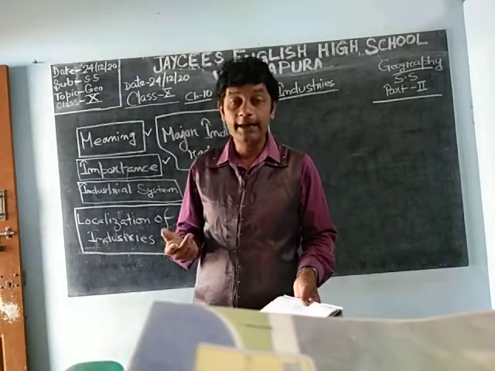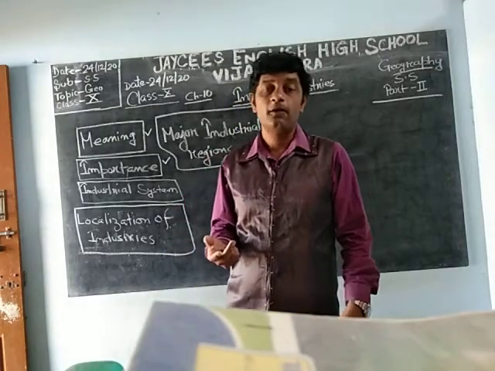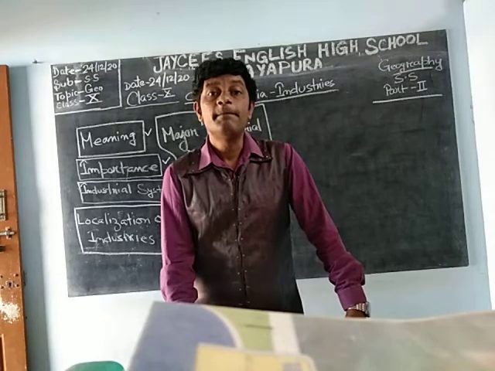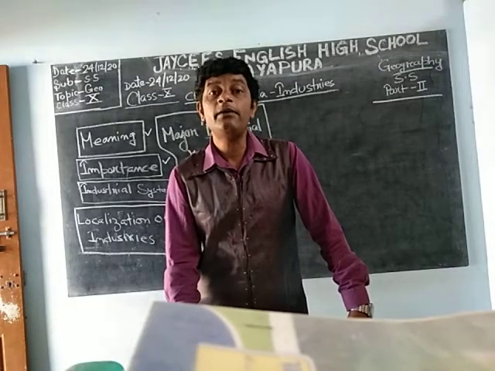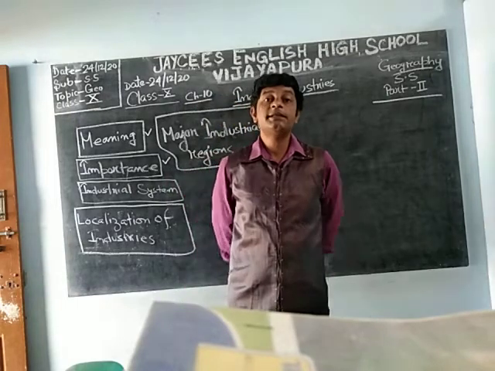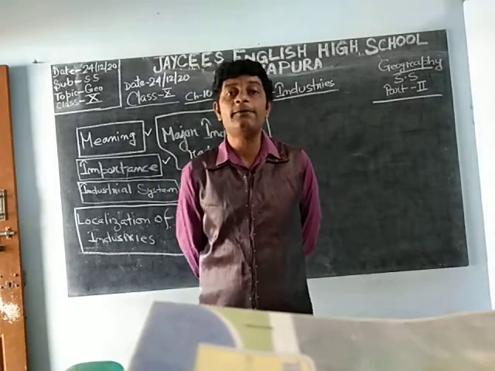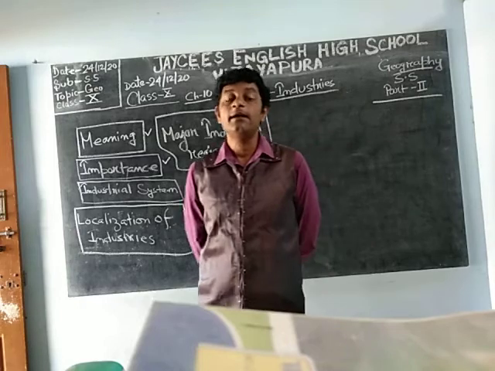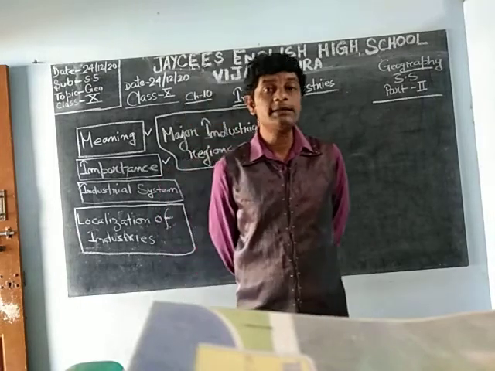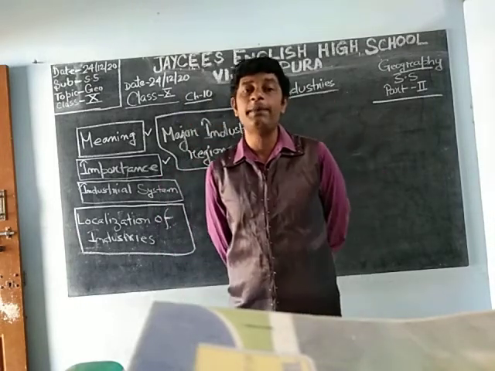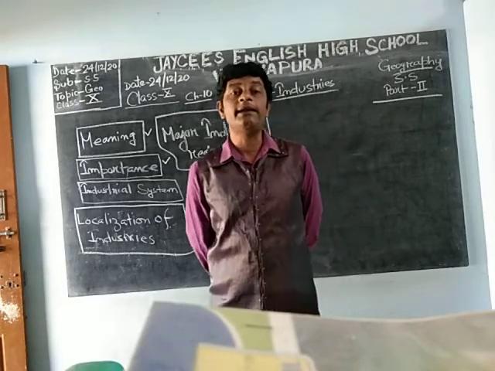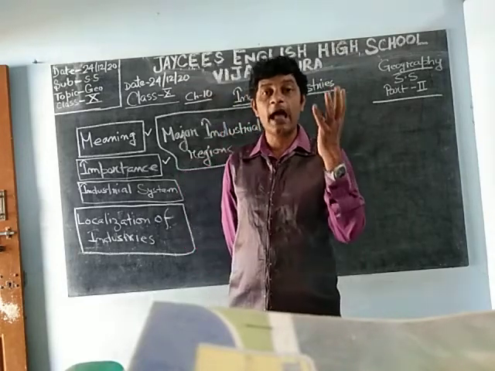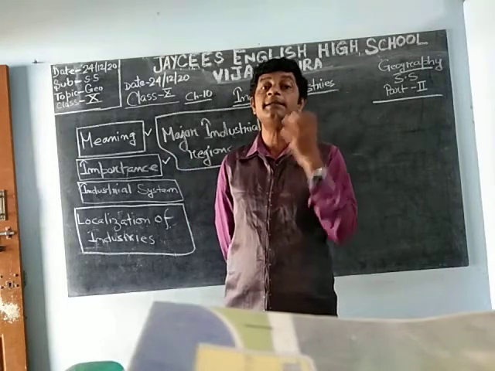Okay, so mining, I told you, is in the primary. From mining only we will get the iron ore, which is a core raw material for the iron and steel industry. When we go to the secondary, that iron ore is being used in the iron and steel industry, and from that iron ore we are getting iron and steel.